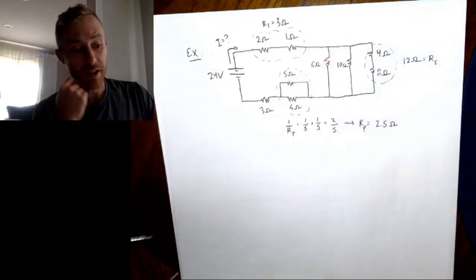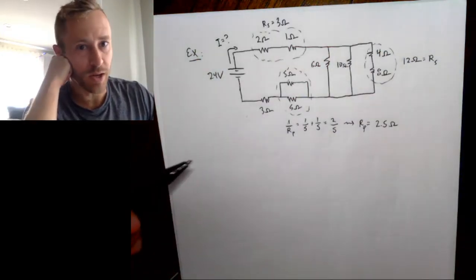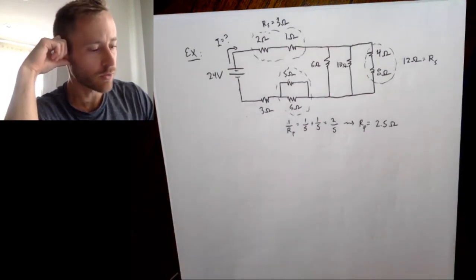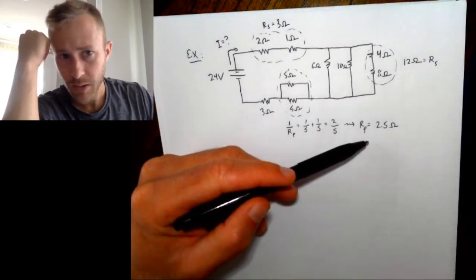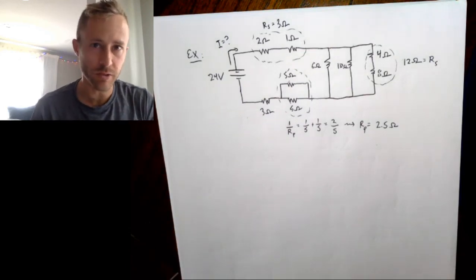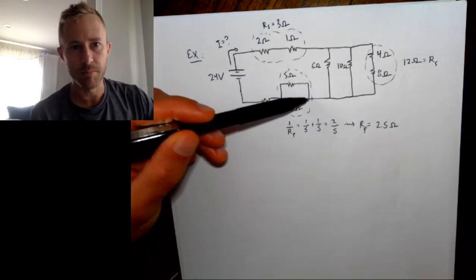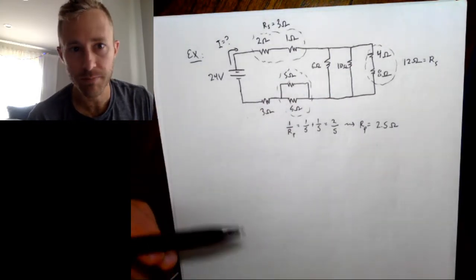A handy fact is that when you have two equal resistors in parallel, the total resistance is going to be half the resistance of each of them. When you put resistors in parallel, it reduces the resistance, and the reason why is because you're allowing two pathways for electric charge to flow.